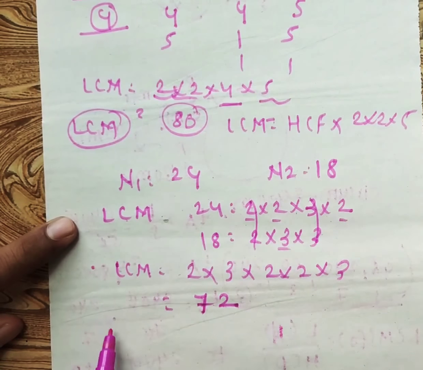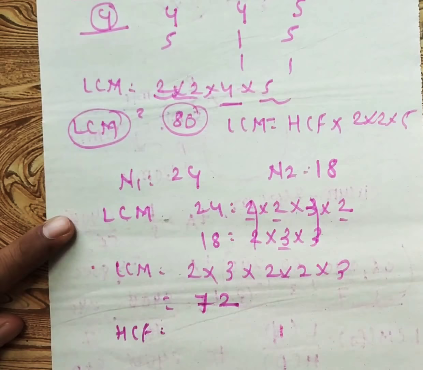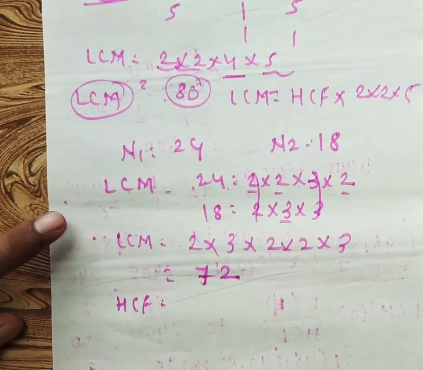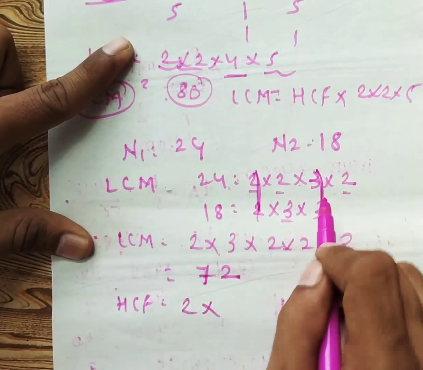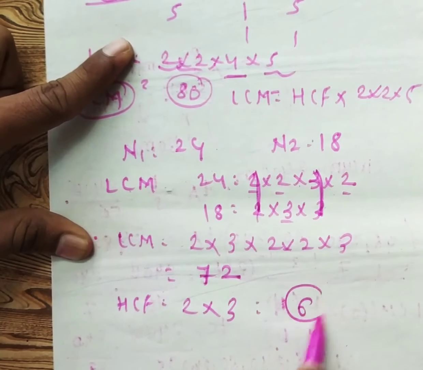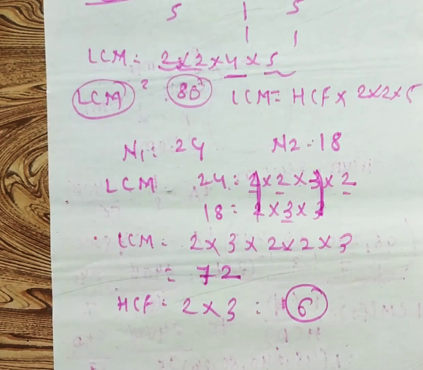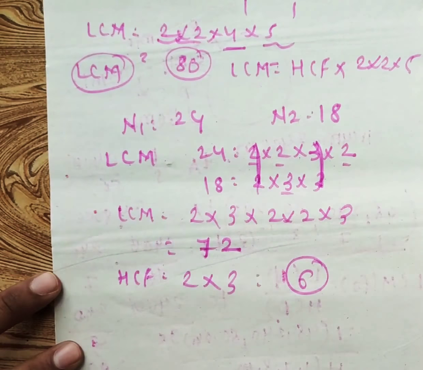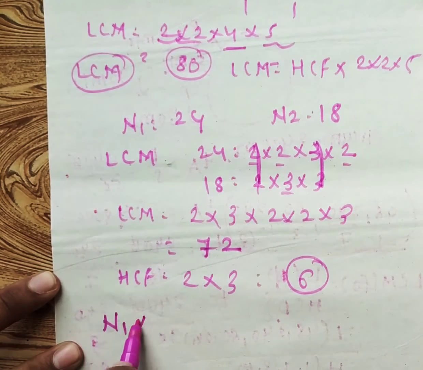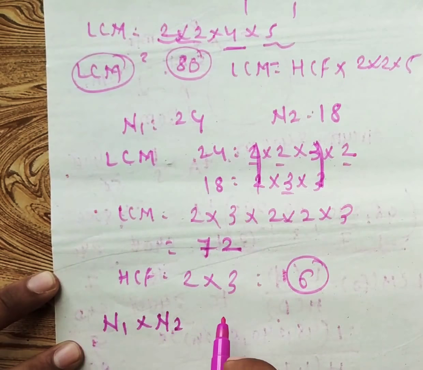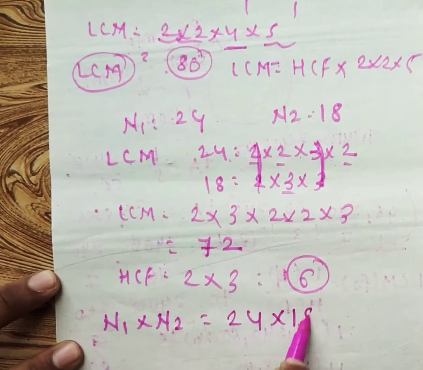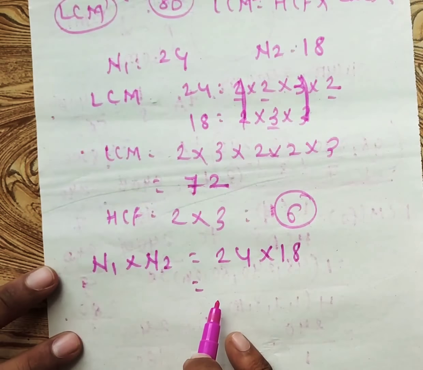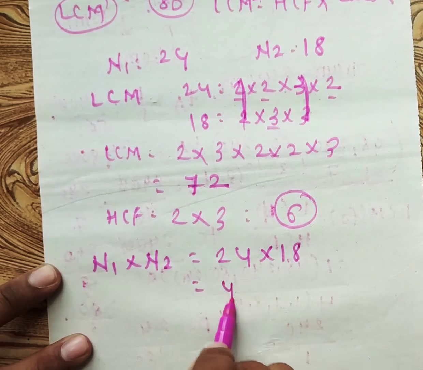And what is the HCF? In HCF we just take the common factor. The common factors here are 2 and 3, so 6 is the HCF of 24 and 18. Now let's see, if I multiply both numbers, n1 into n2, one number is 24, another is 18. So 24 into 18 is 432.